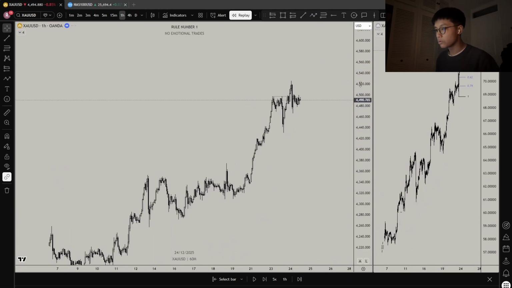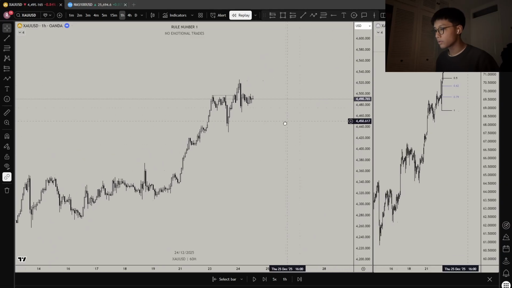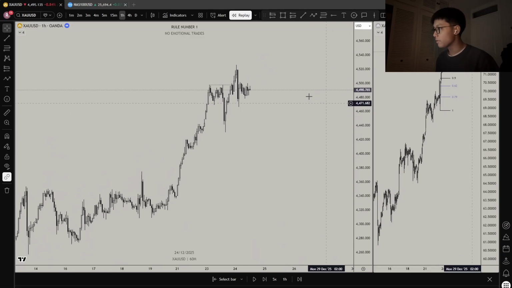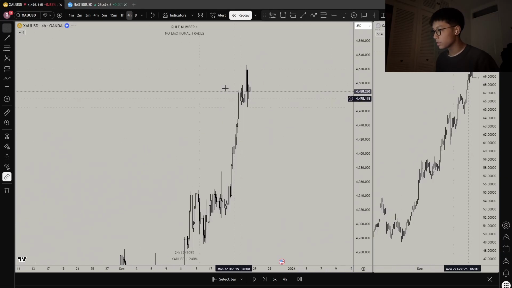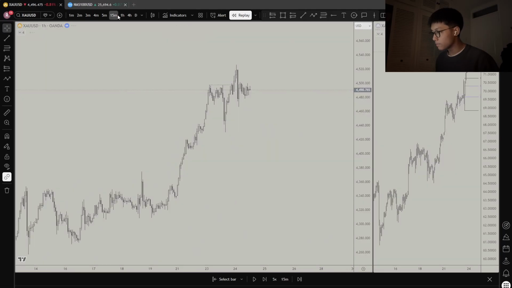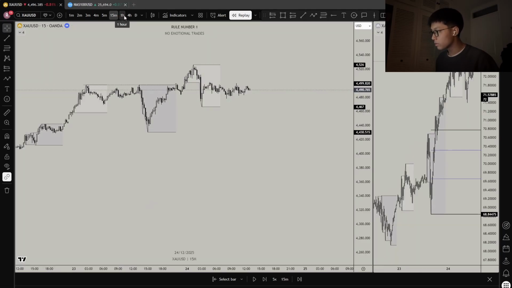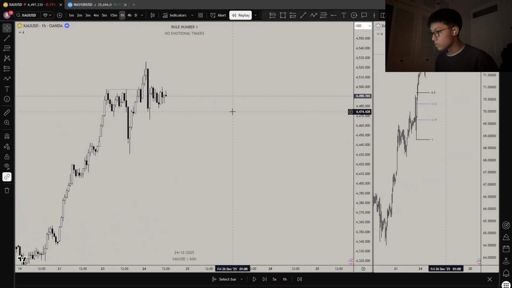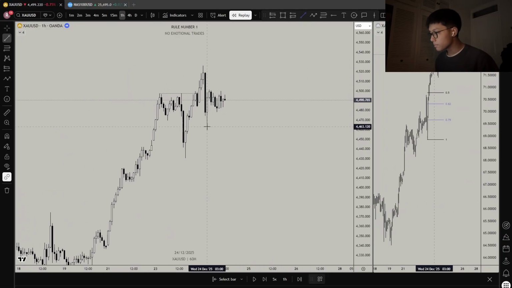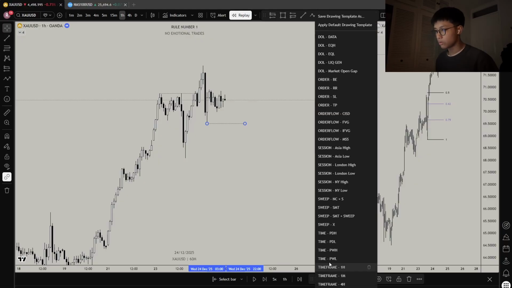Okay, so in terms of the draw on liquidity, guys, the nearest and very good draw on liquidity, I believe we can see it clearly on the 1 hour, was this low. So this becomes a major draw on liquidity for this New York session.